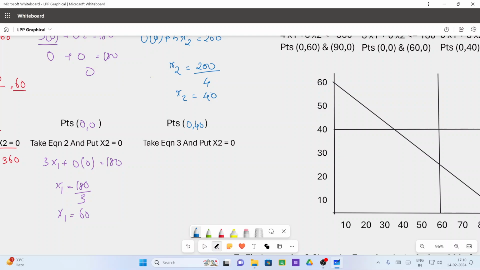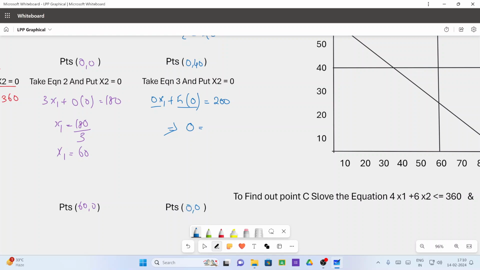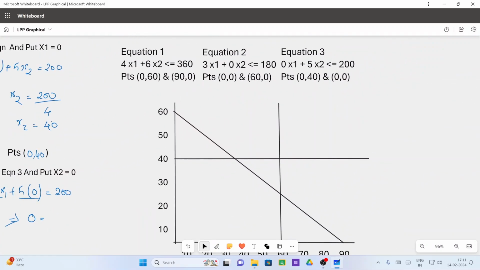So 0x1 plus 5x2 with x2 as 0 gives a value of 0, because both terms are 0. So the point is (0, 0). So we used three different constraints and found all the points.